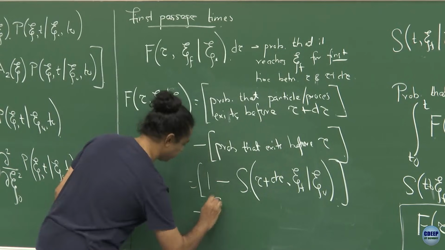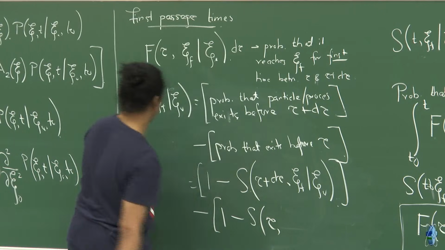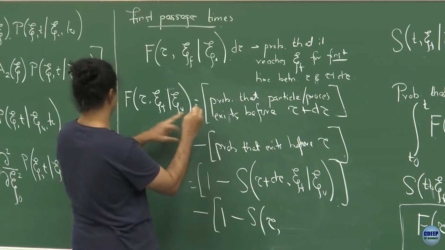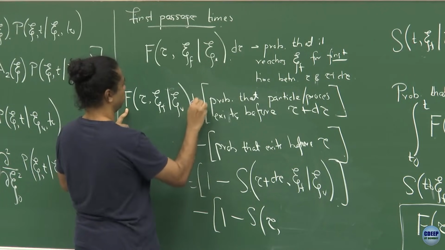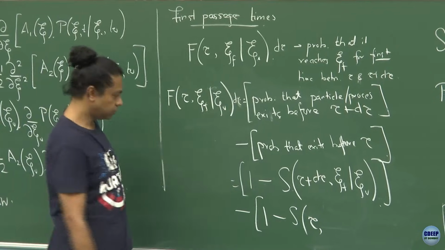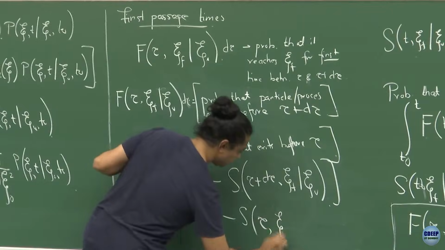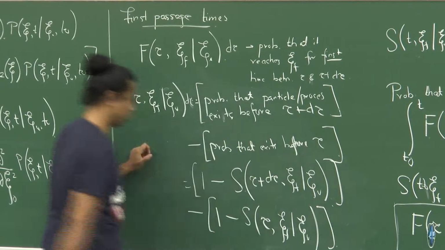So minus (1 minus s of tau). Sorry, I should have f(tau) d tau over here. Otherwise, this is the probability density. So the probability is f(tau) d tau, xi_f, xi_0, right?